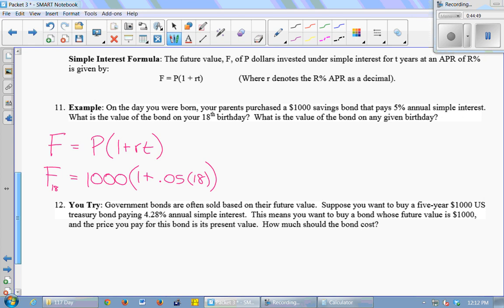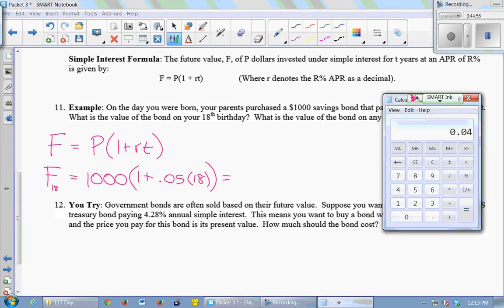So when I do this out, I do 0.05 times 18, add that to 1, and then multiply by 1,000. And I get $1,900.